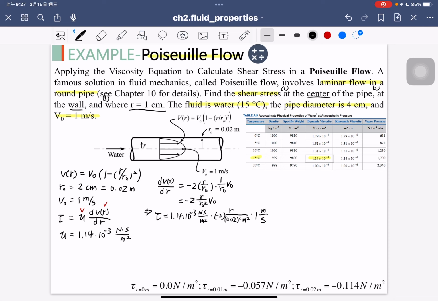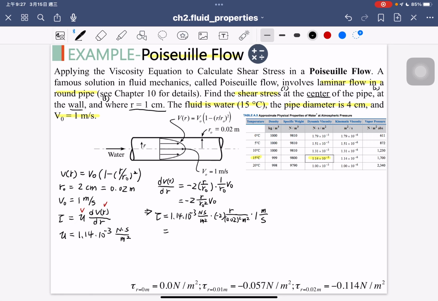Okay, so based on these equations, the only unknown parameter is r. So we can calculate all the numbers we have, and we can represent the shear stress as a function of the radius. And then after that, we can put in r values to consider different locations, and see how large the shear stress is.